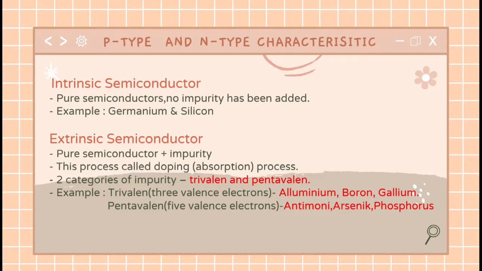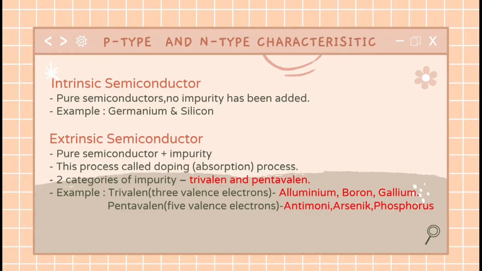Extrinsic semiconductor is a pure semiconductor that has had impurity added into it. This process is called the doping process. There are 2 types of semiconductor material that are subjected to doping process, which are N-type extrinsic and P-type extrinsic.